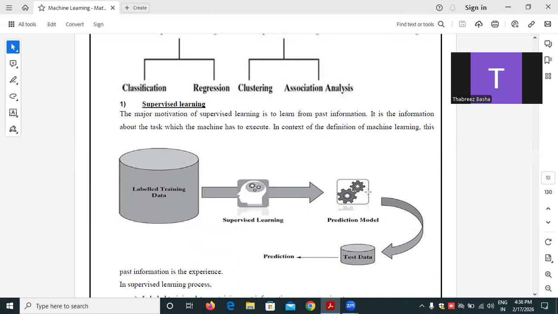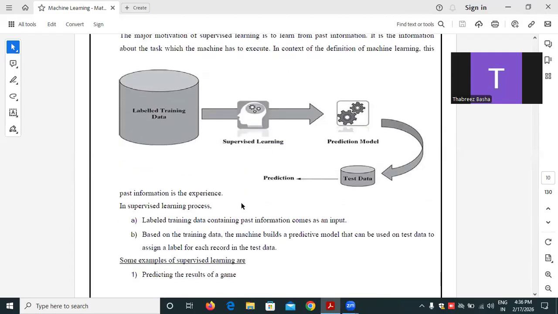The prediction model is the output model. The given set of instructions is the process. After the prediction model is produced, the final result is displayed on the test data. So this is the entire diagram of the supervised learning model. Past information, the experience, is the main important point.